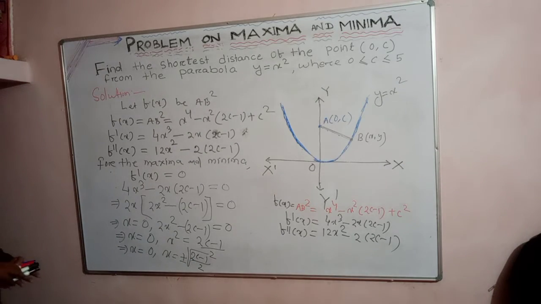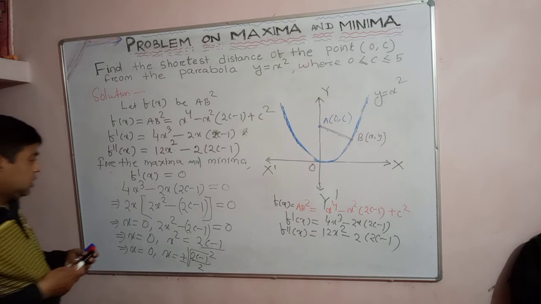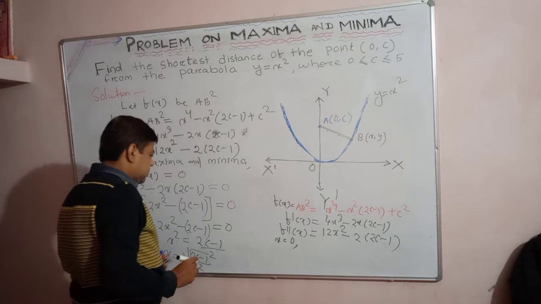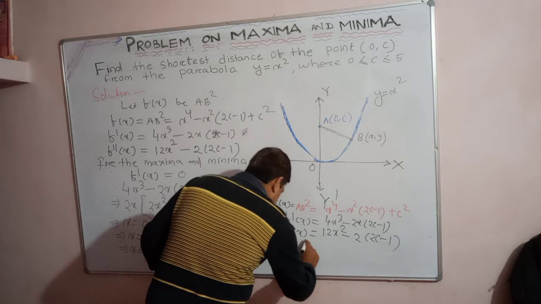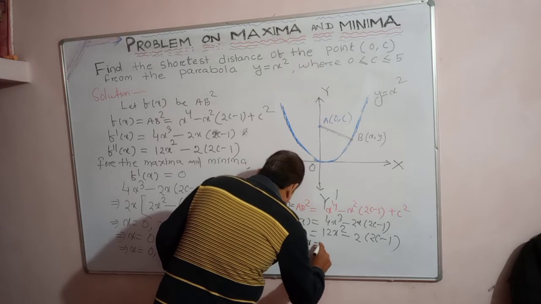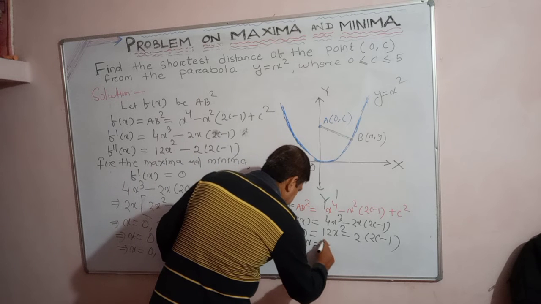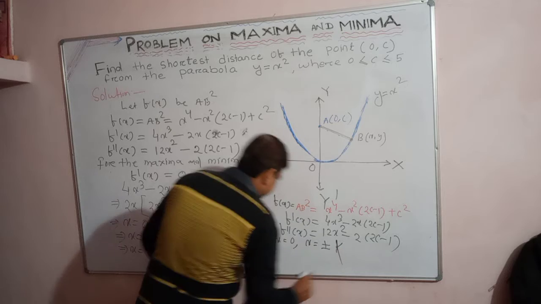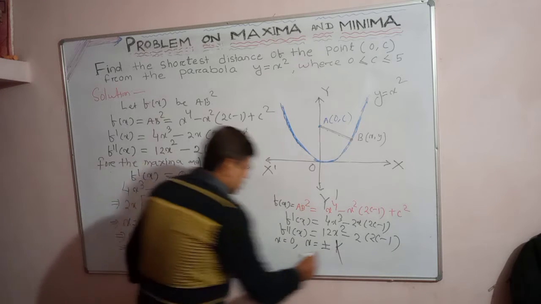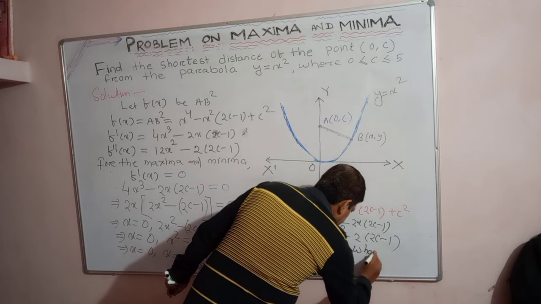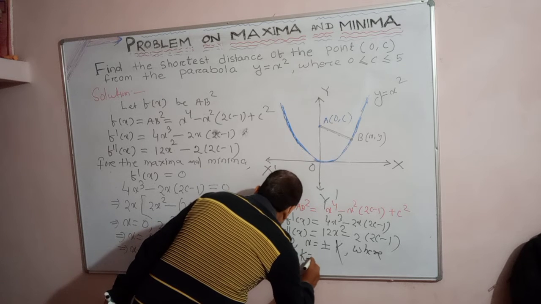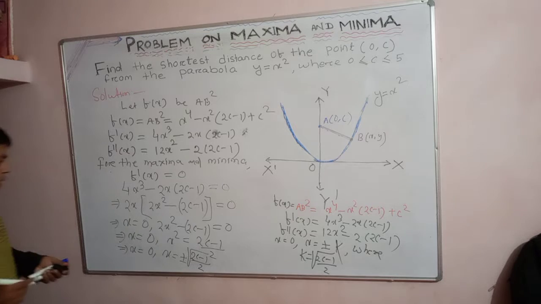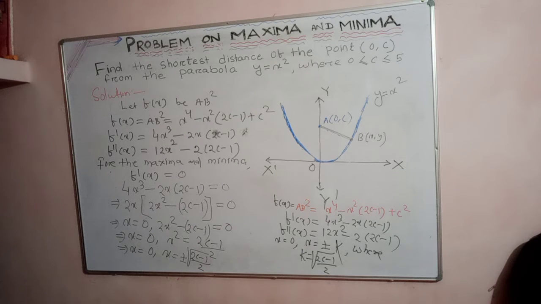Suppose we take x equal to plus minus k, where k is equal to the square root of (2c minus 1) upon 2. So these are the critical points we got.